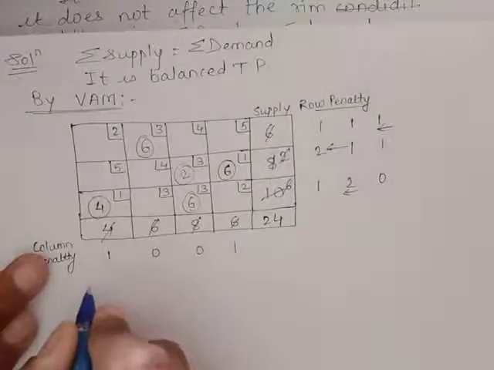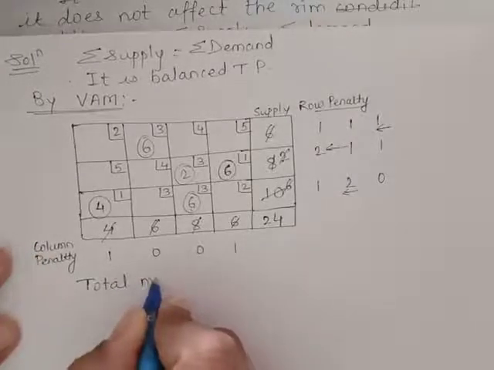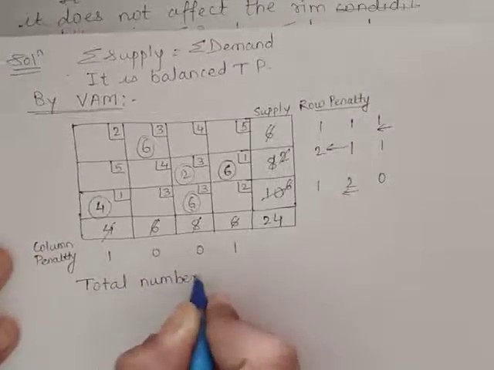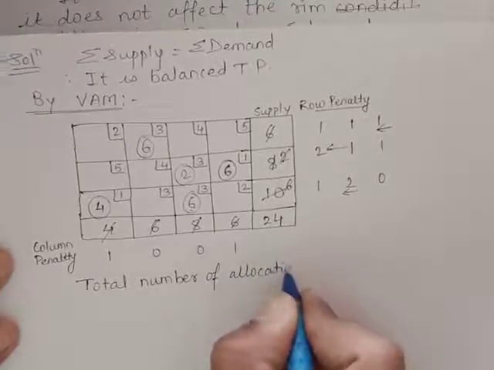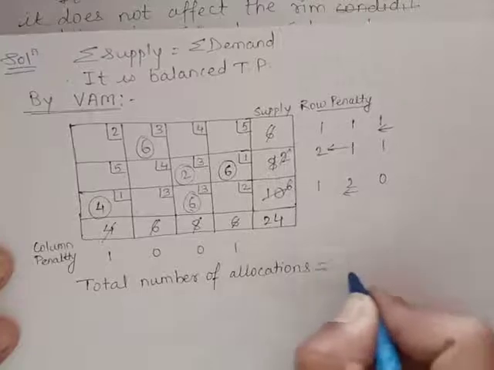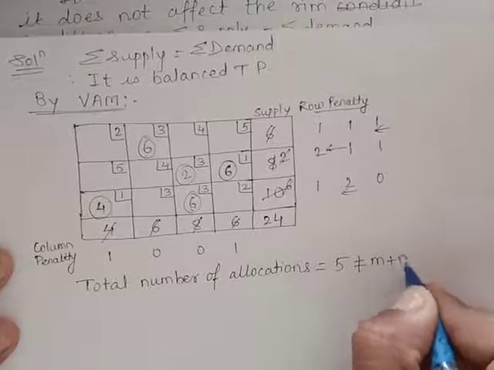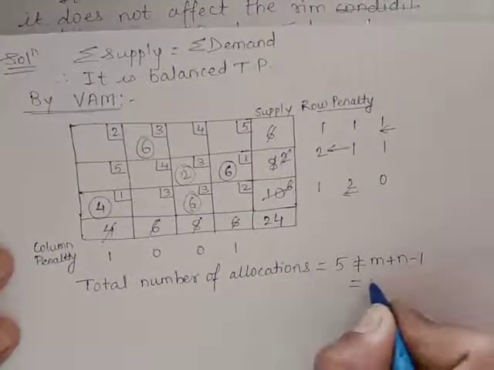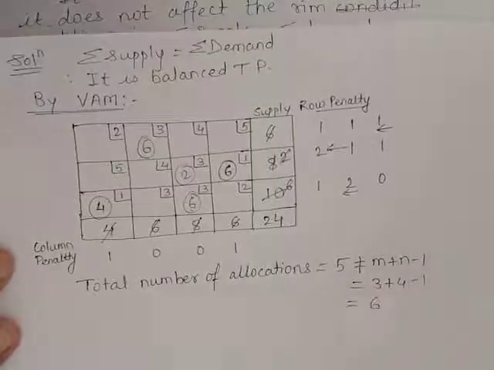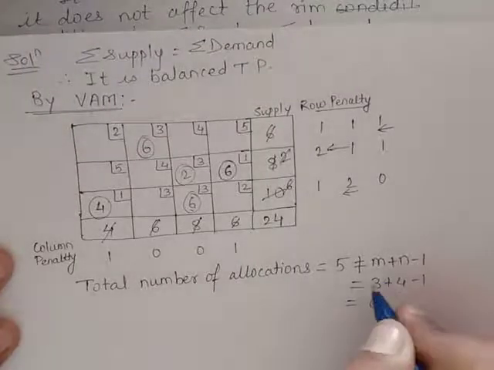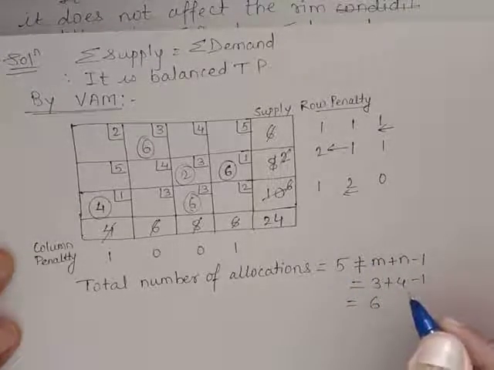So here what can I say? Total number of allocations equals 5, and it is not equal to m plus n minus 1, that is 3 plus 4 minus 1, that is 6. These are unequal.